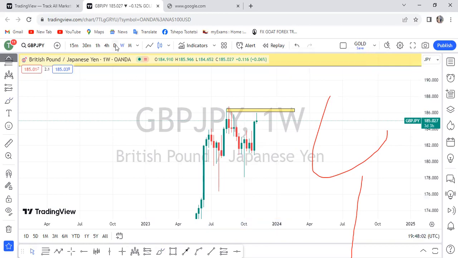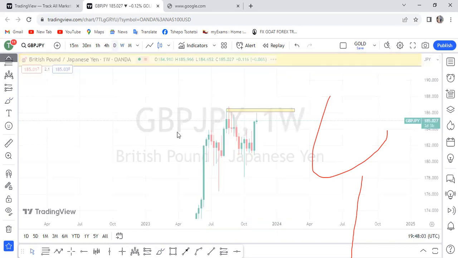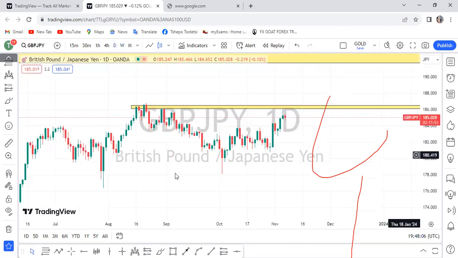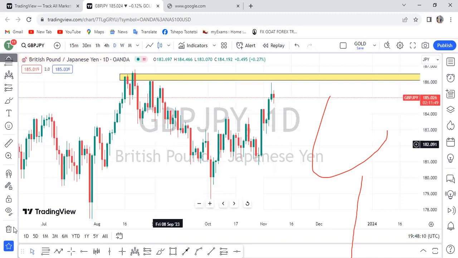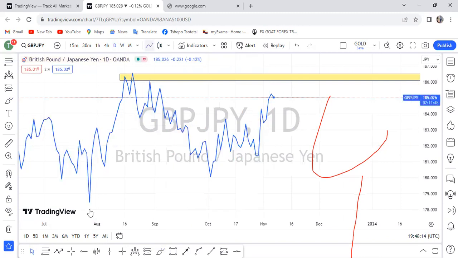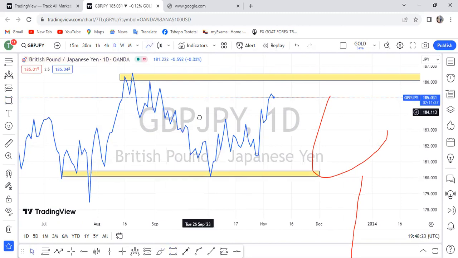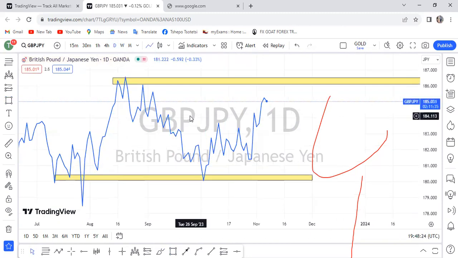So on a daily time frame, let's go to line chart so we'll be able to read the market. So guys, now we see the market is trapped inside here.